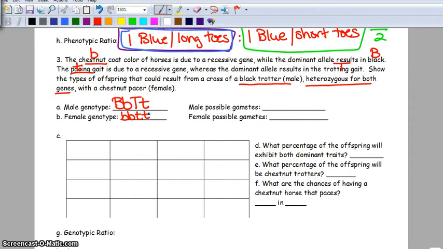All right, our next step is to find our male possible gametes. So go through and FOIL your genotypes. All right, if you take a look, we're going to have 4 possible gametes for the male and 1 possible gamete for the female. I'm going to fill those in across my Punnett square.